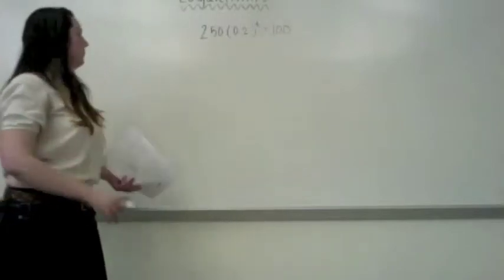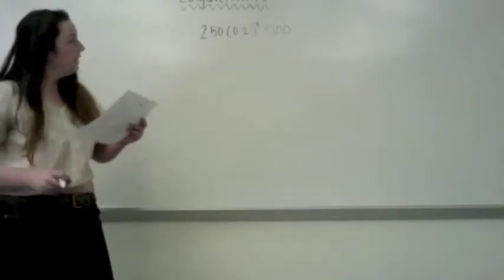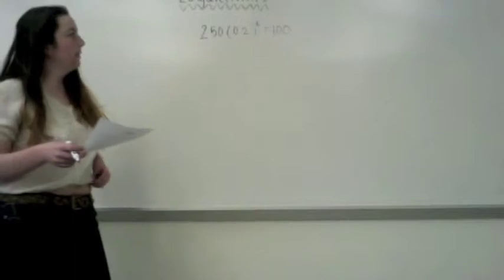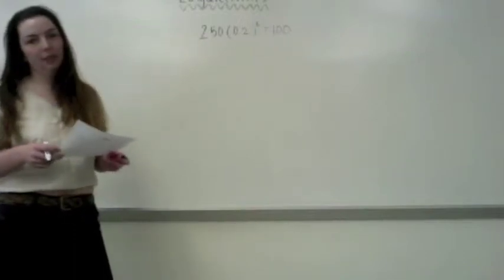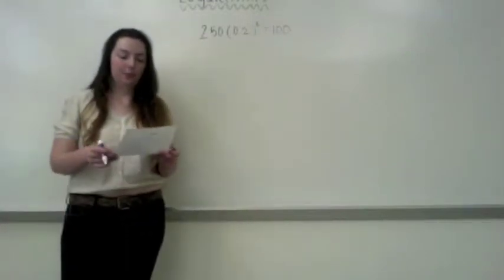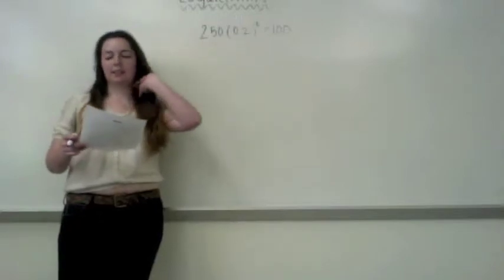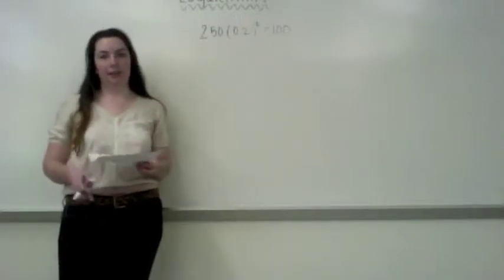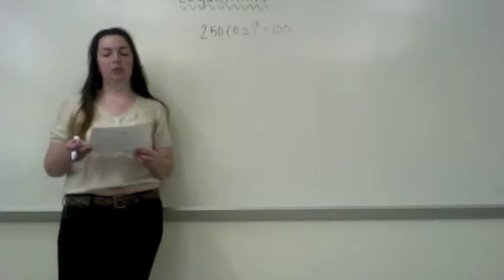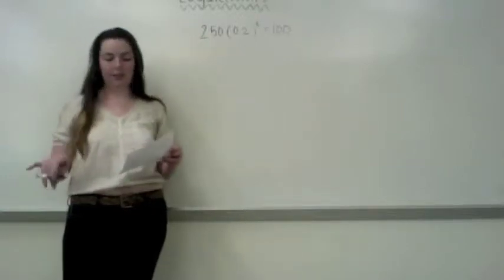If you can see that, it says 250 times 0.2 to the t equals 100. Since we don't know what t is, we need a way to undo the exponentiation to get t by itself.